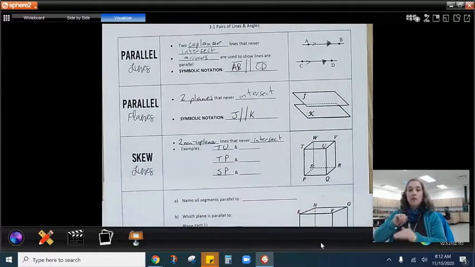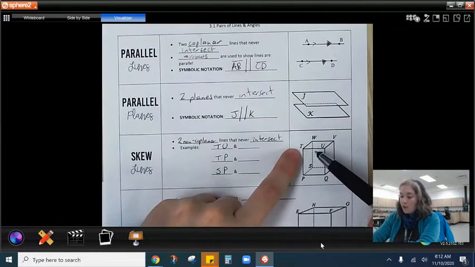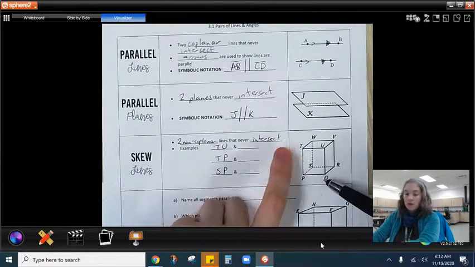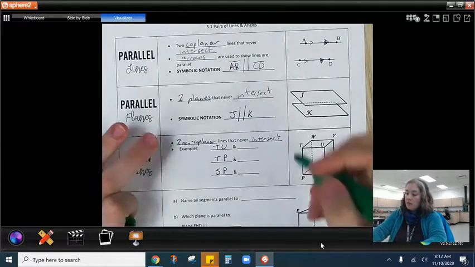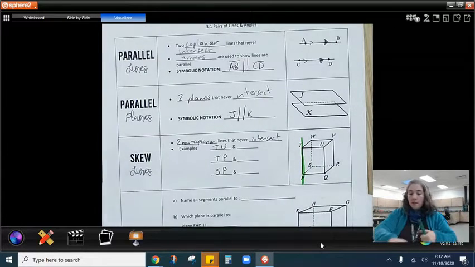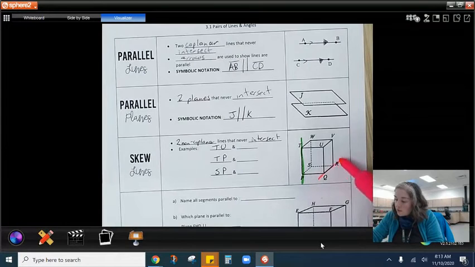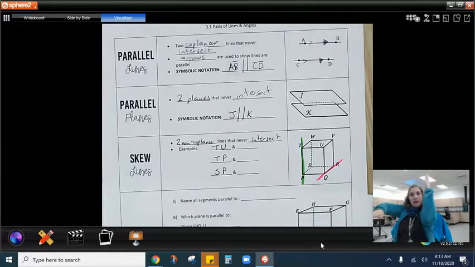That means they have to not be fully in the same plane. So that would be, for example, TP and QR. I'm going to highlight them so we can see that, okay? So I'm going to do TP in this green here, and then I'm going to do QR in kind of a pink. So you see how TP is off on the side like this, and then QR is like this, right?